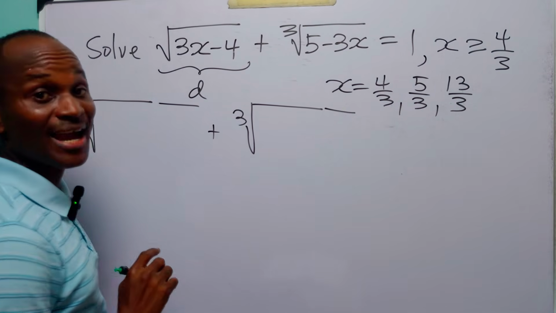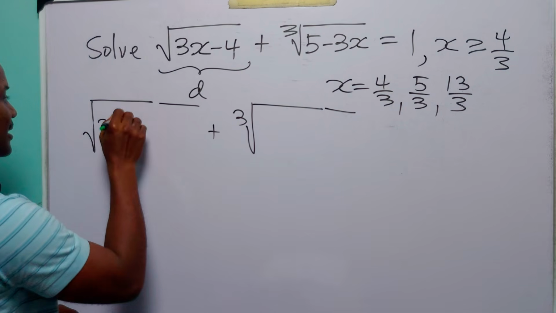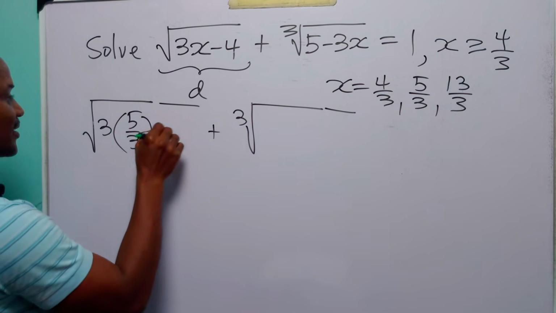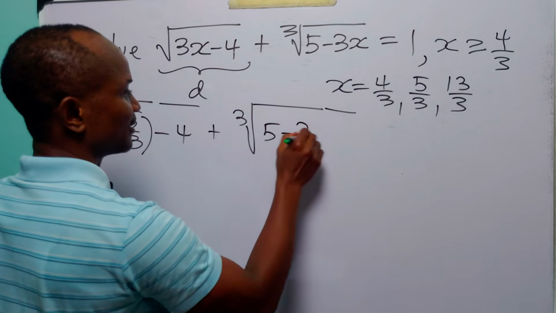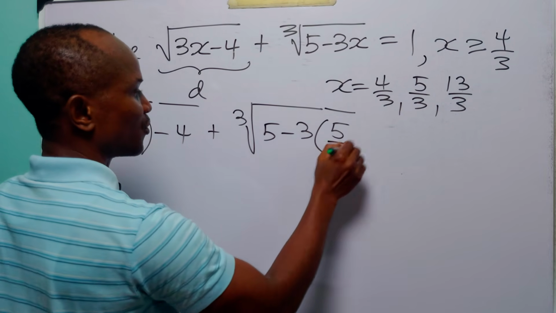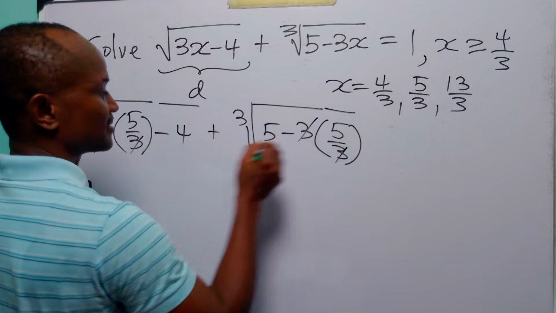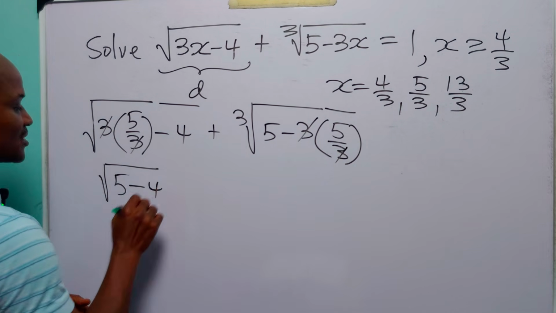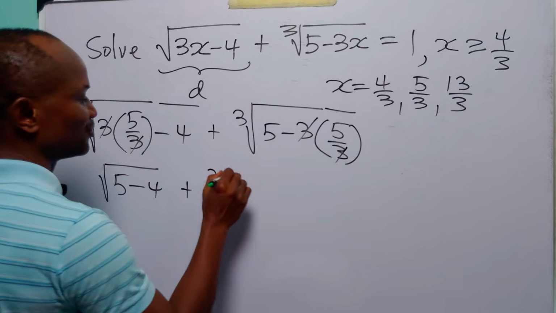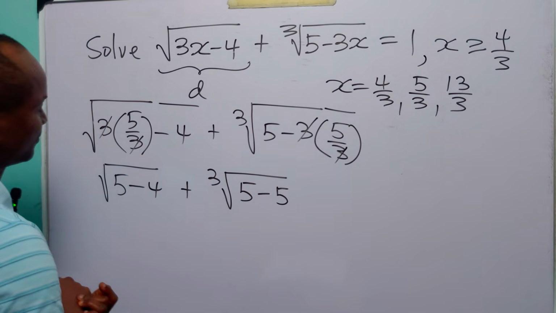Now, when x is 5 over 3, then in this equation we have 3 times 5 over 3 minus 4. And here we have 5 minus 3 times 5 over 3. Once more, this cancels that and this cancels that. We have the square root of 5 minus 4 plus the cube root of 5 minus 5.